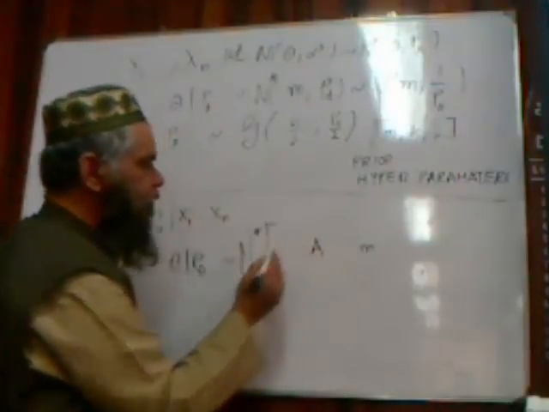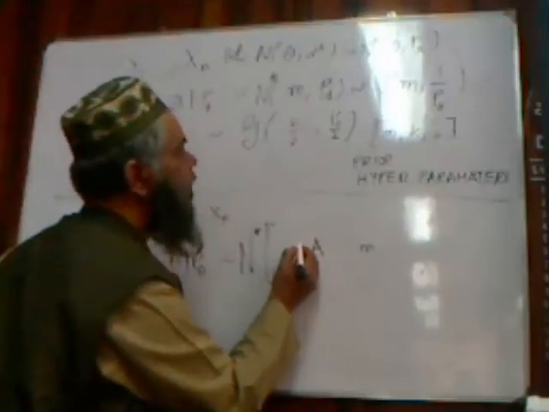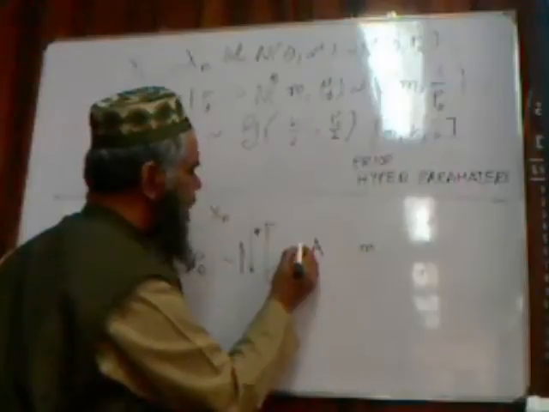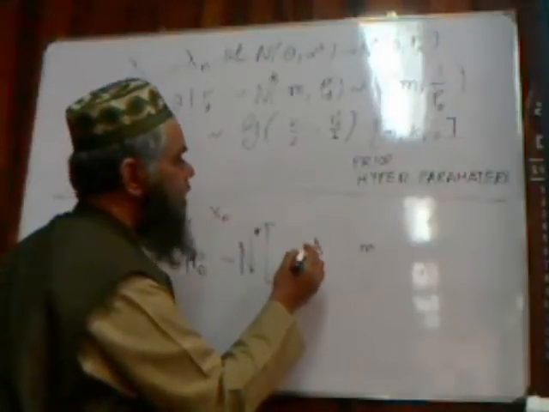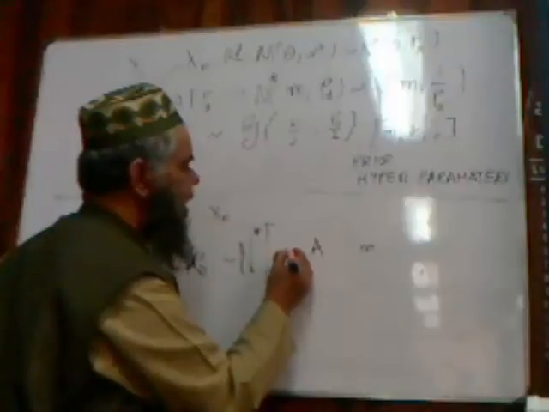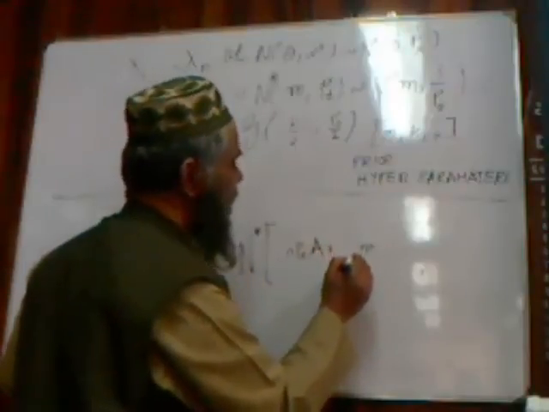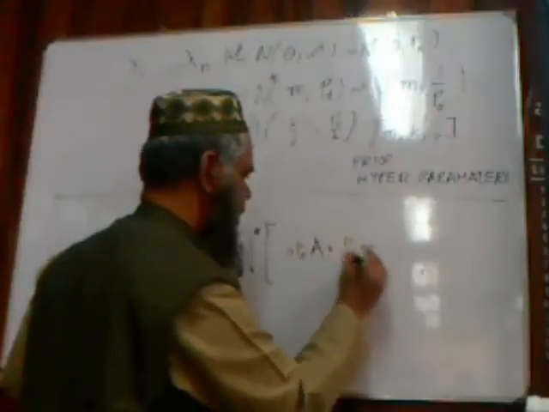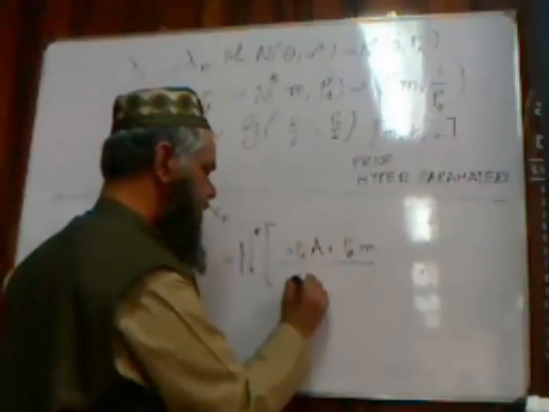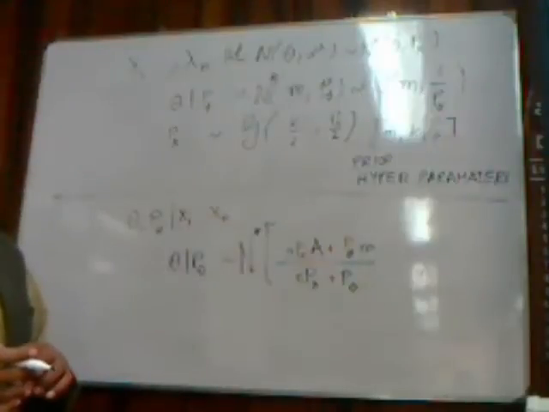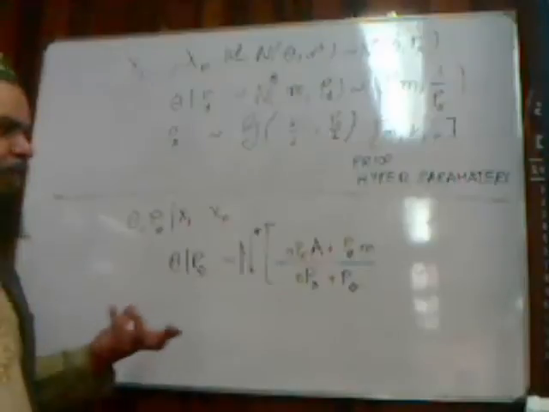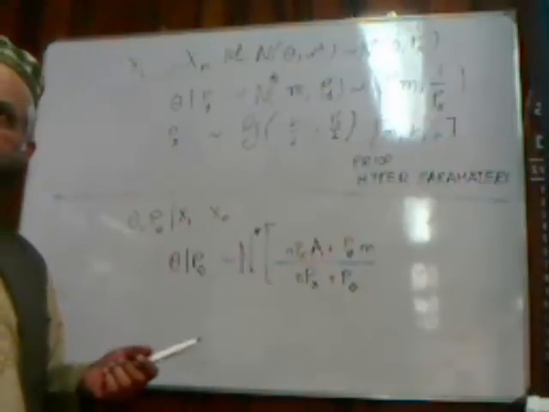So this one receives the weight n times p x, which is n over sigma squared, plus the prior, which is now p theta, and then these are weights, and we divide by the sum of the weights to get the weighted average.